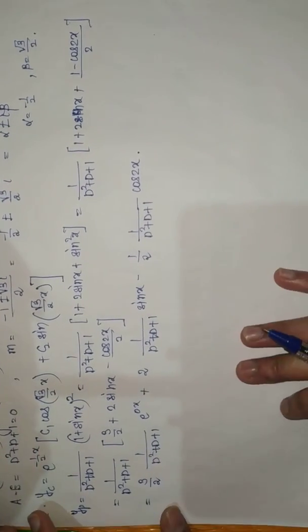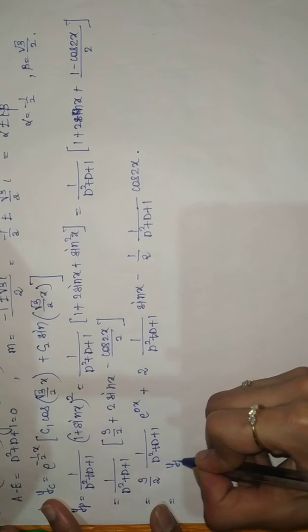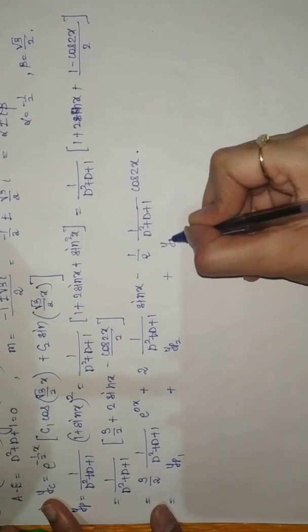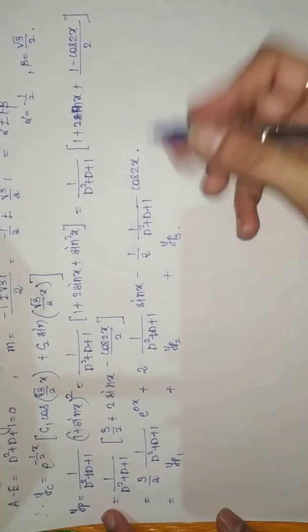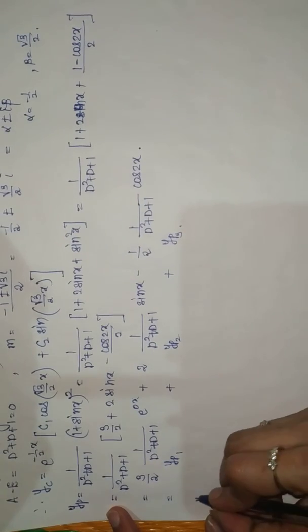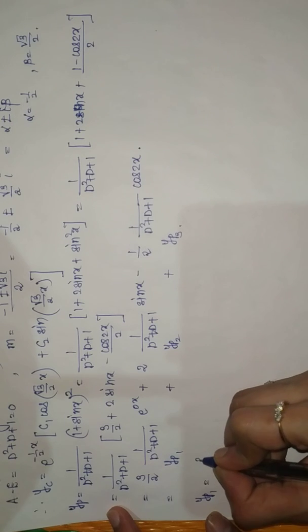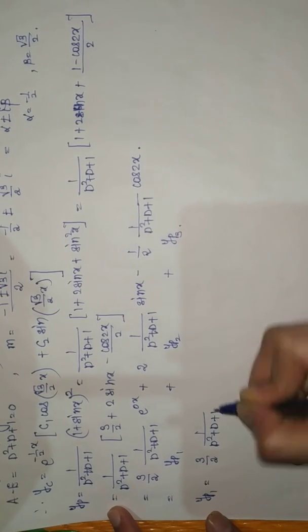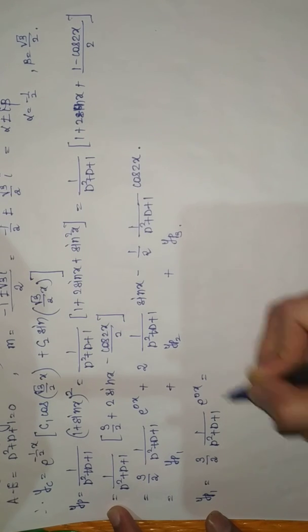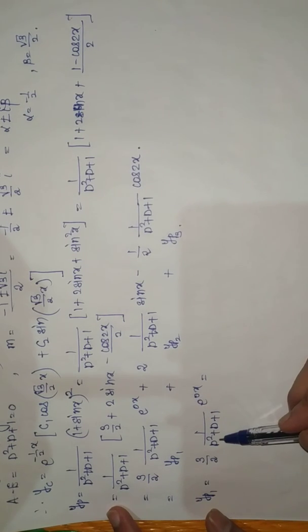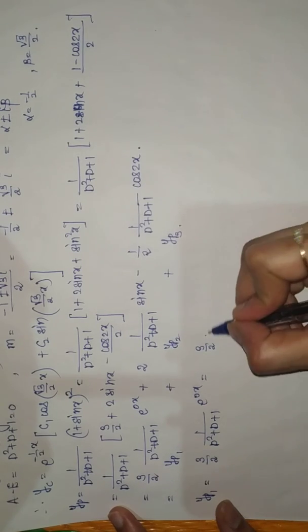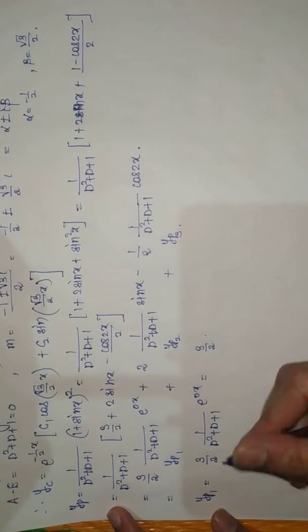Again we will solve it separately. So say this as yp1, yp2 plus yp3. Let's say yp1 is 3 by 2, 1 by D square plus D plus 1 over e to the power 0x. Replace D as 0, so you will get 3 by 2 into 1. So yp1 is just 3 by 2.